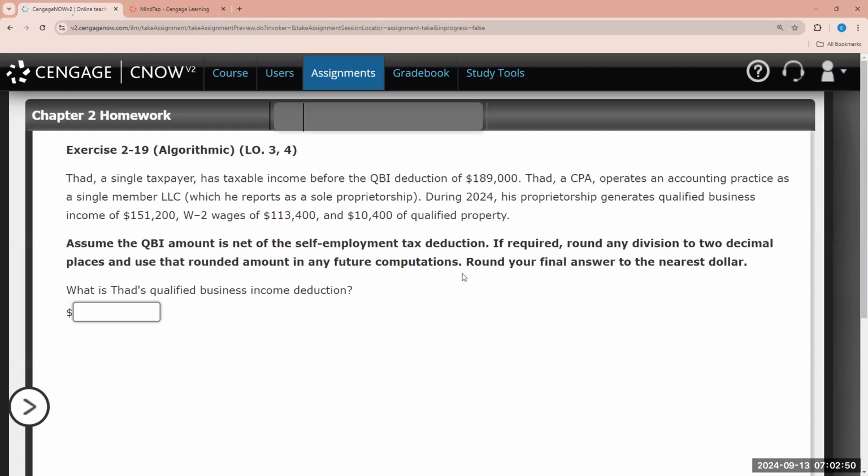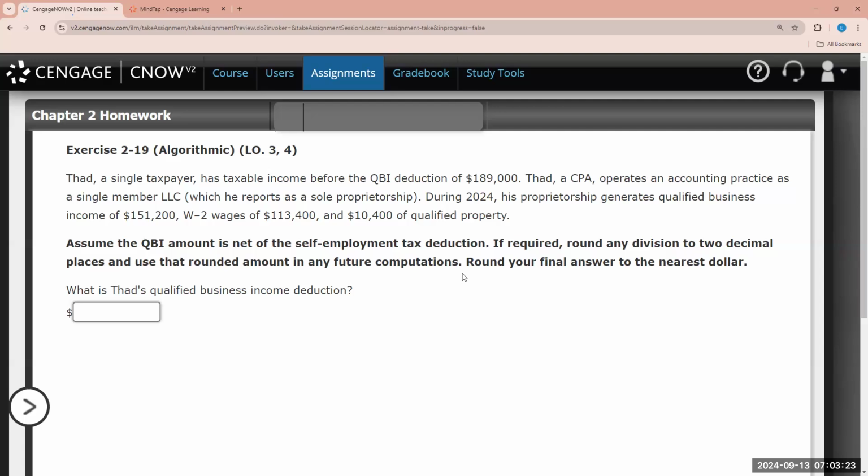During 2024, his proprietorship generates qualified business income of 151,200, W-2 wages of 113,400, and 10,400 of qualified property. Assume the QBI amount is net of the self-employment tax deduction. If required, round any division to 2 decimal places and use the rounded amount in any future computations. Round the final answer to the nearest dollar.